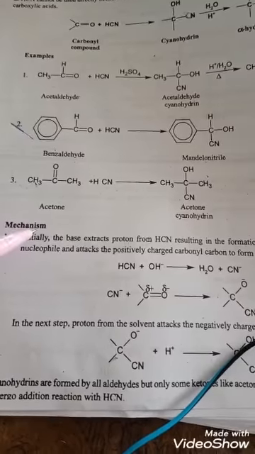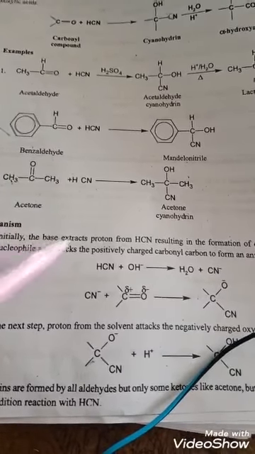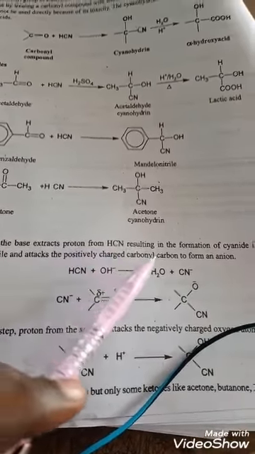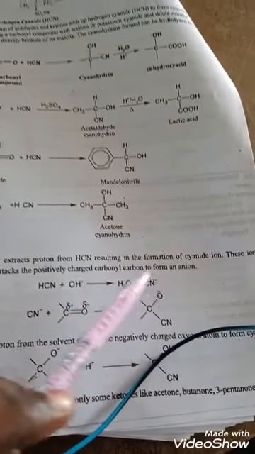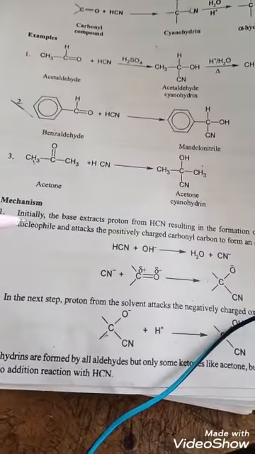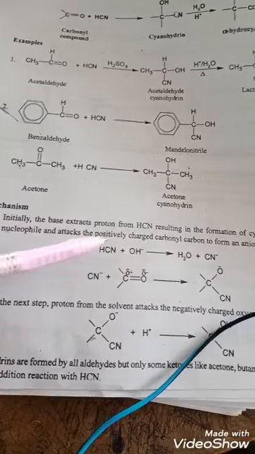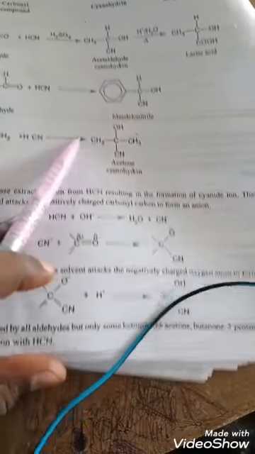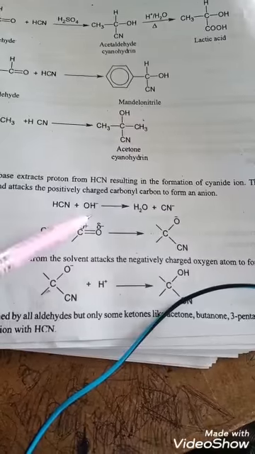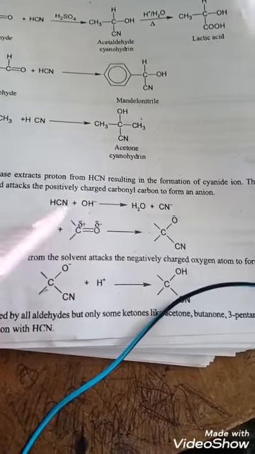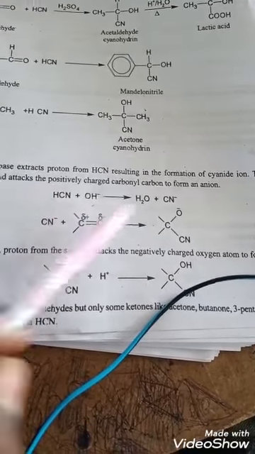Next, the mechanism. Initially the base extracts a proton from HCN, resulting in the formation of the cyanide ion. This ion is a nucleophile and attacks the positively charged carbon. The H combines with OH to form H2O.